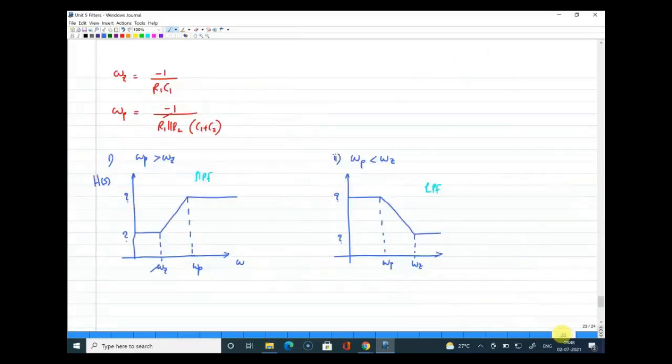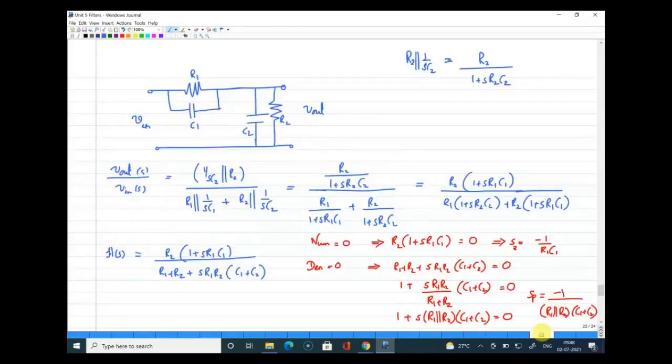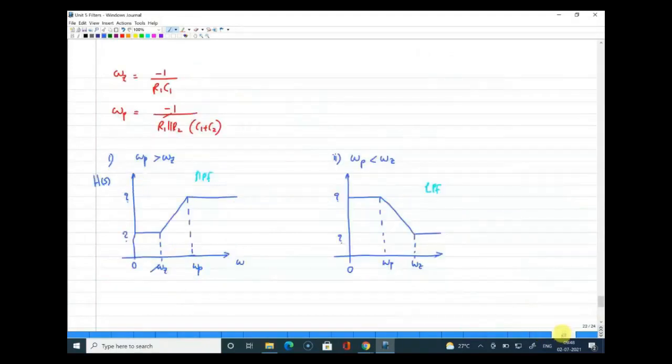If I want to write what the magnitude is here, this corresponds to a zero frequency. When s is equal to 0, the magnitude is R2 divided by R1 plus R2, and similarly this also corresponds to R2 divided by R1 plus R2.